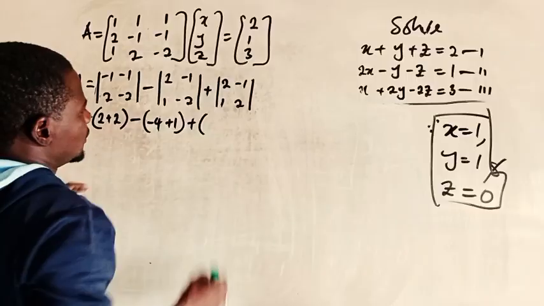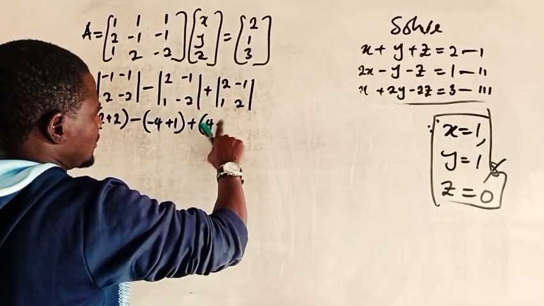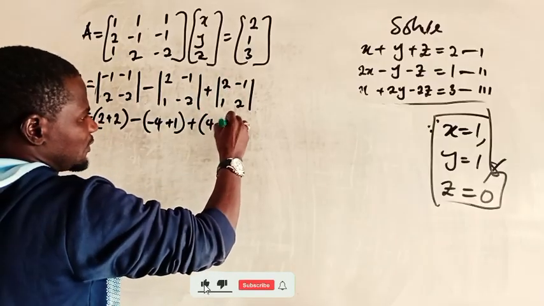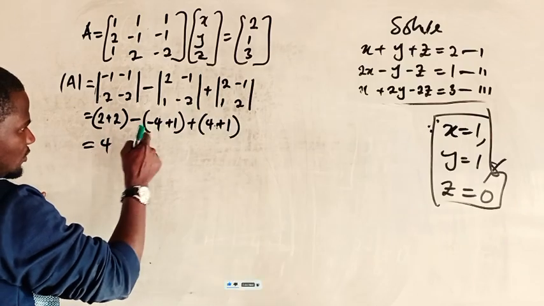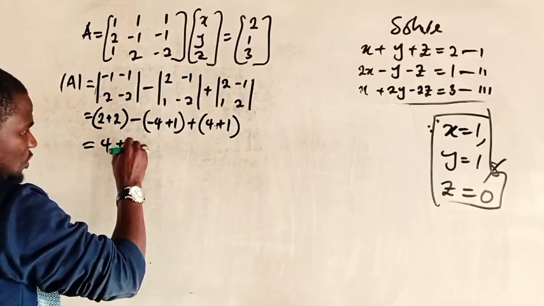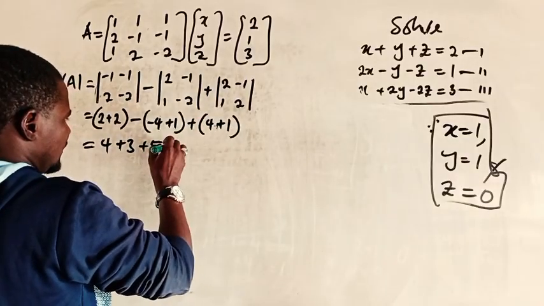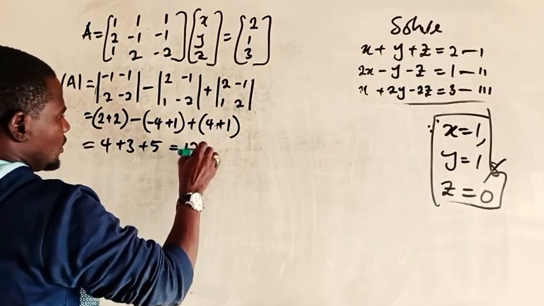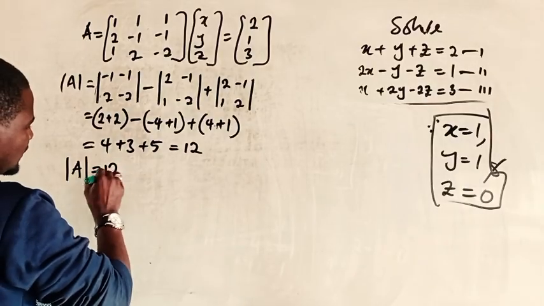Now plus, 2 times 2 is 4, minus 1 times minus 1, which makes plus 1. So this is 4 minus 4 plus 1, which is minus 3, times minus gives plus 3. Plus here 4 plus 1 is 5, so the determinant of the matrix A is 12.